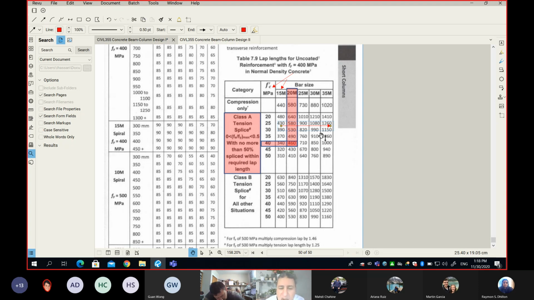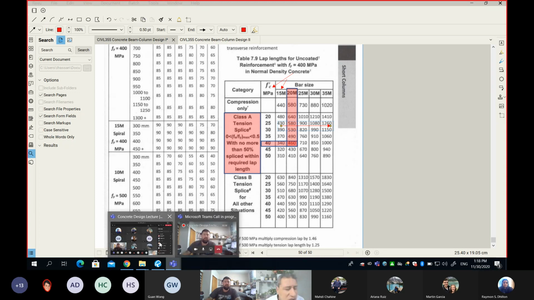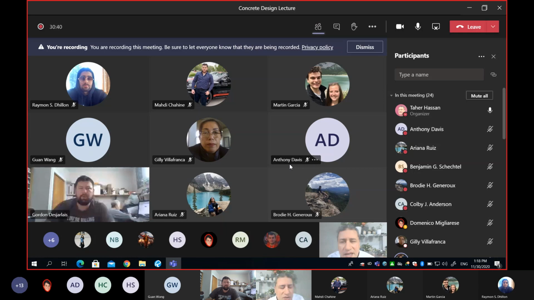Now, the last factor that controls the splice length is whether it is tension or compression. Can anybody help me and just try to guess?